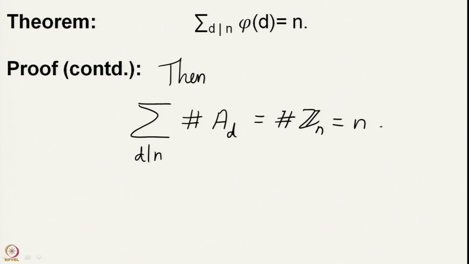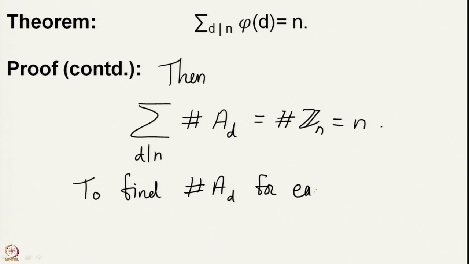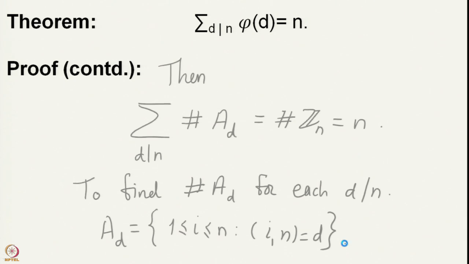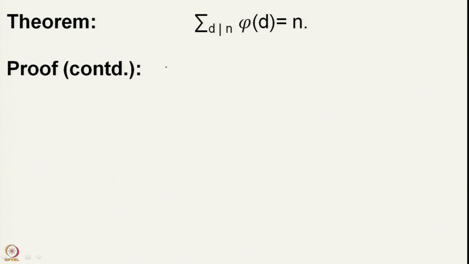So, we now need to find the cardinality of A_d for each divisor of n. So, let us see what is A_d once again. A_d is the set of all these elements with the property that the GCD of i and n is d.